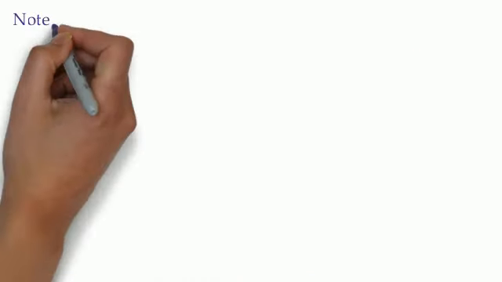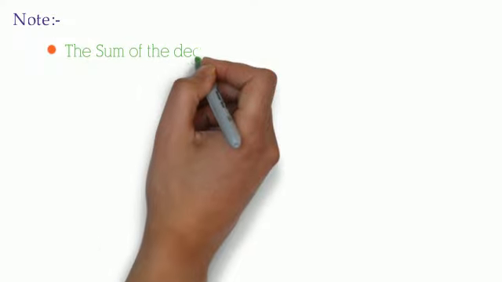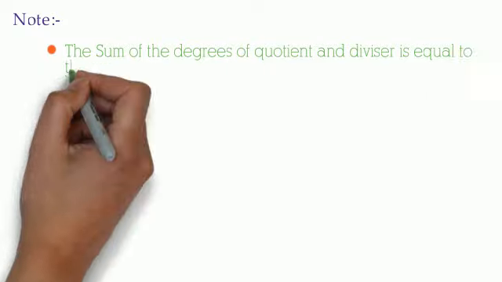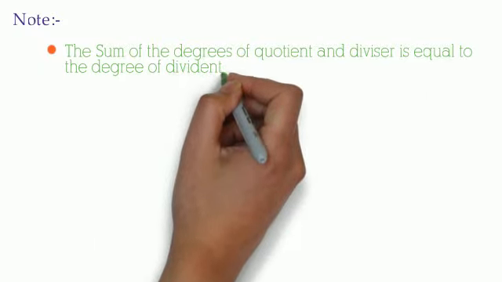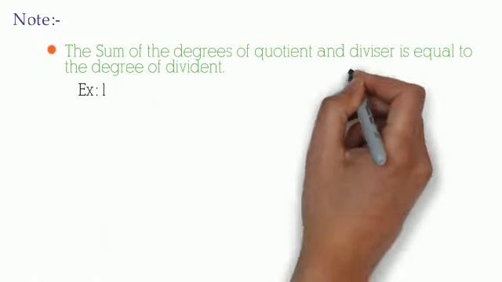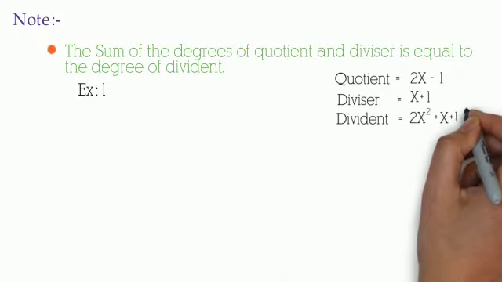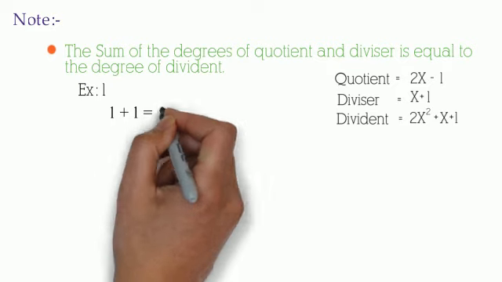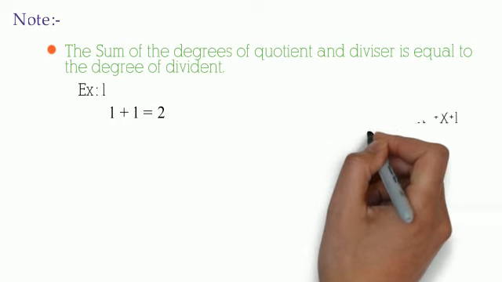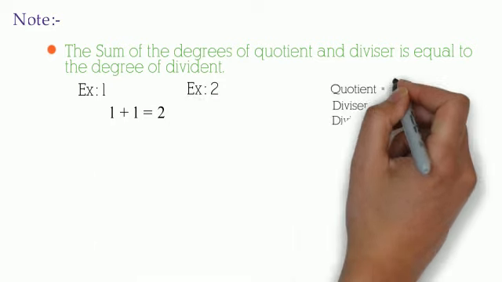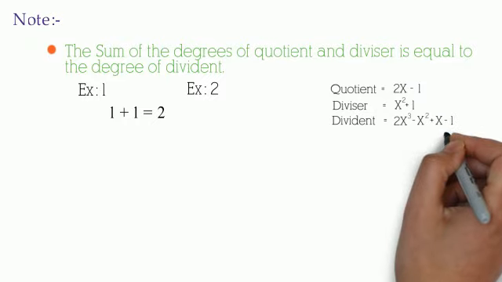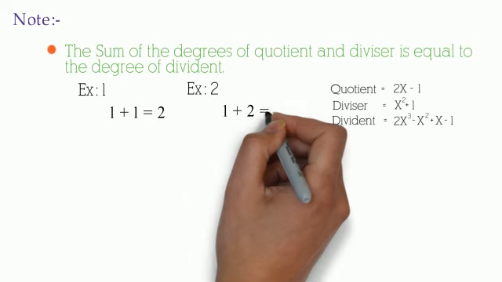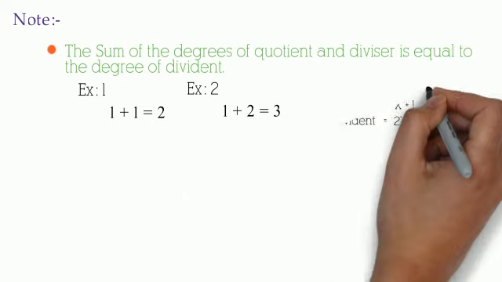Key points to note: the sum of degrees of quotient and divisor is equal to the degree of dividend. In example number 1, degree of quotient is 1, degree of divisor is 1, and degree of dividend is 2. In example number 2, degree of quotient is 1, degree of divisor is 2, and degree of dividend is 3.